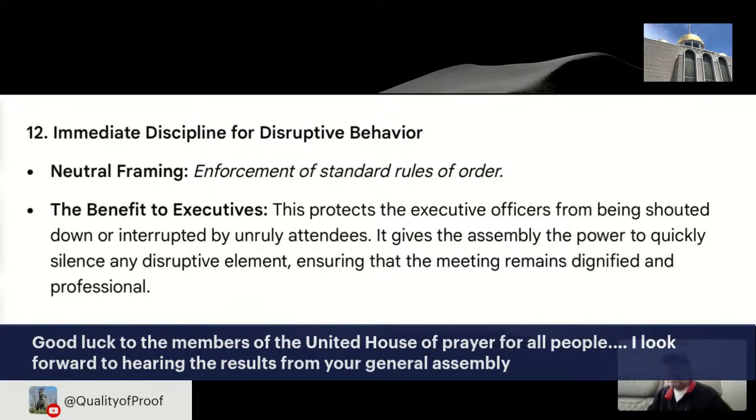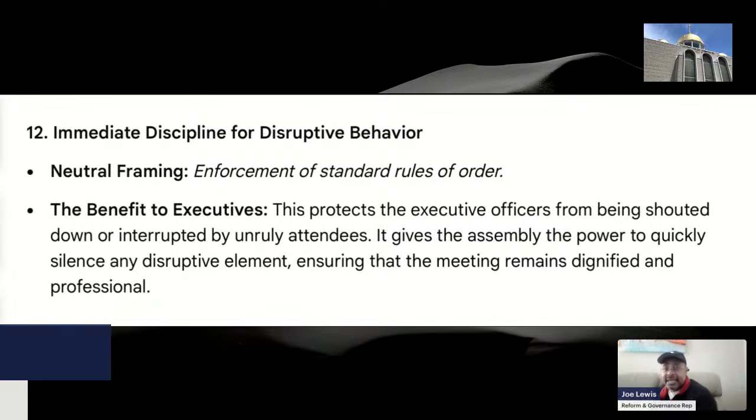Everything is not necessarily because of the governance, but the thing is, if anyone gets out of character, this allows the assembly to immediately take care of it and bring order back to the assembly so that things can be done peacefully. Sometimes you may be dealing with emotions because individuals are dealing with things that no one knows about outside, or family matters, or work-related issues.